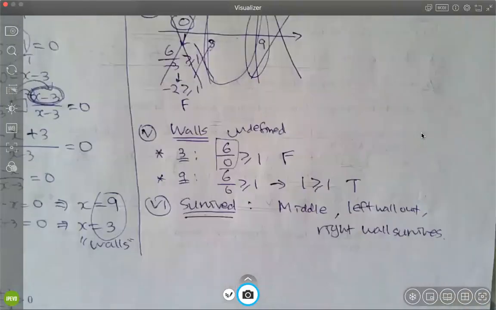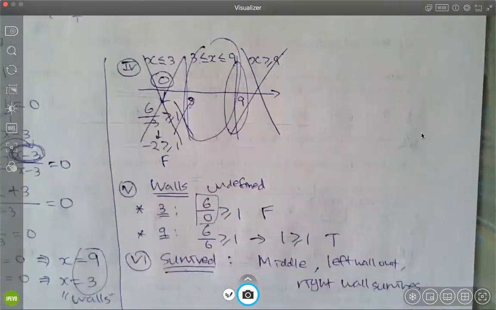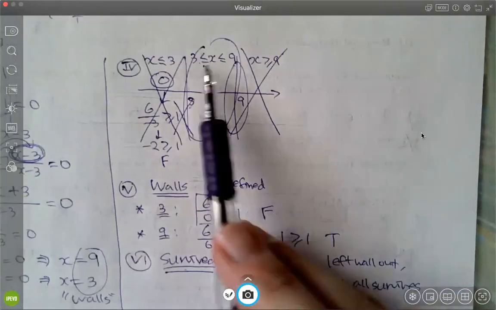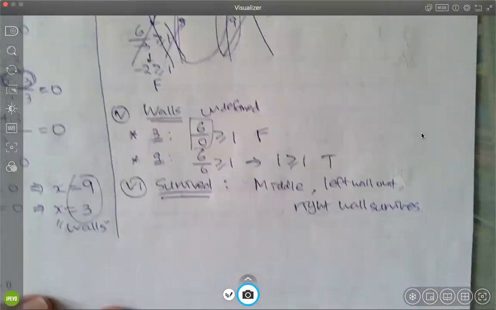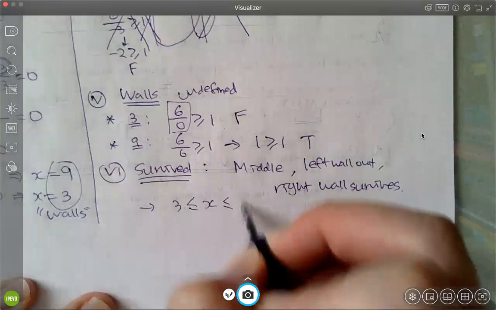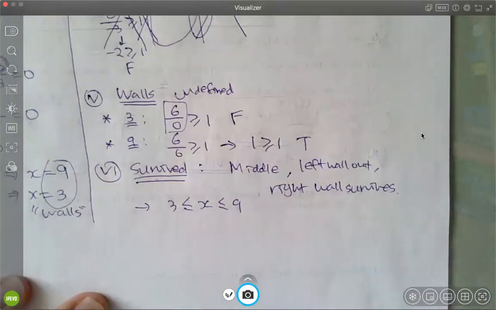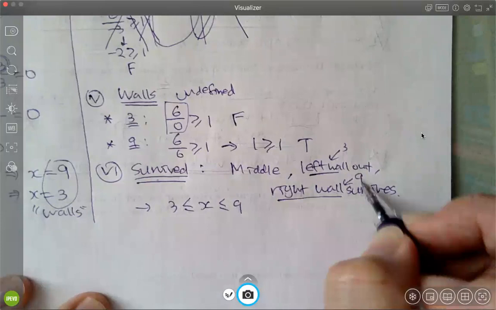Now, what was the label of the middle region? 3 less than or equal to x less than or equal to 9. Now the left wall, which was 3, has to be out, but the right wall, which is 9, has to be in.